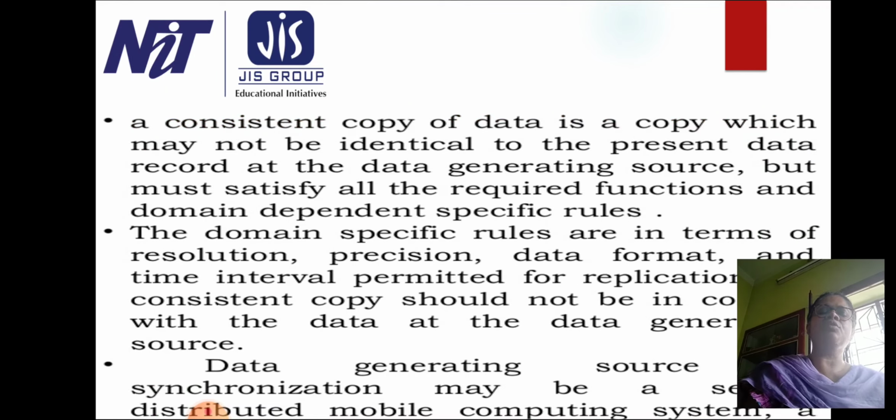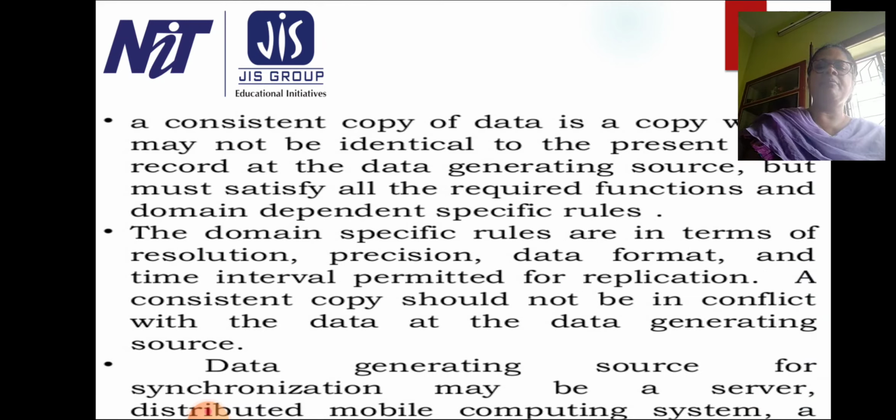A consistent copy of data is a copy which may not be identical to the present data record at the data generating source, but must satisfy all the required function and domain dependent specific rules. The domain specific rules are in terms of resolution, precision, data format, and time interval permitted for replication.